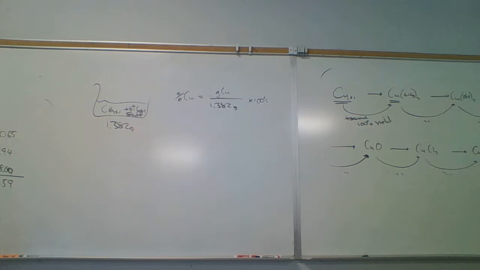There are 2 ways of doing this. One way is I just do it like this. You know, I do my grams to moles. So we'll go moles of copper 2 phosphate is 379.59 grams copper 2 phosphate.